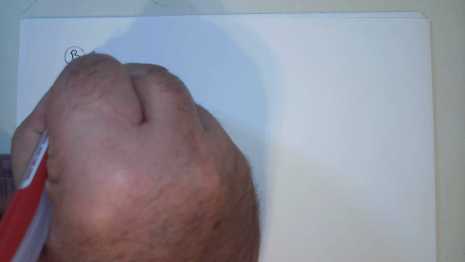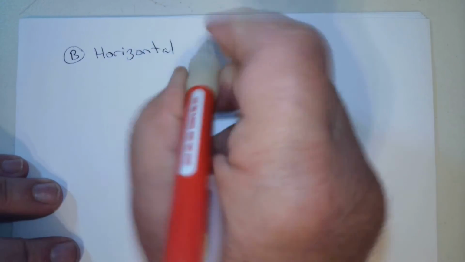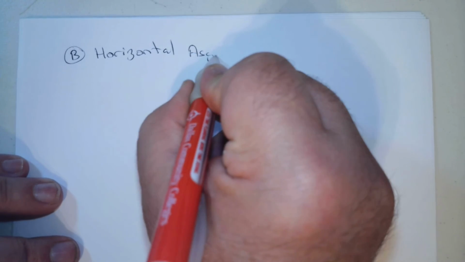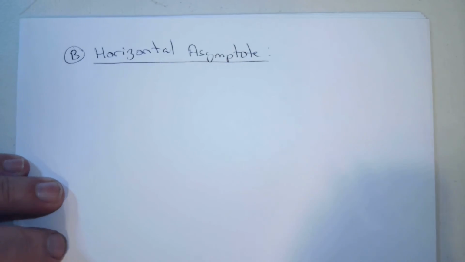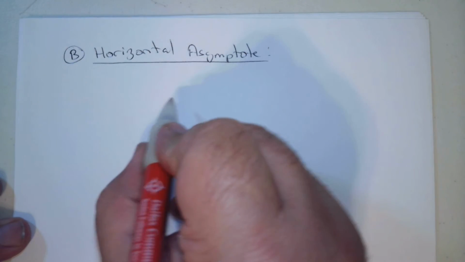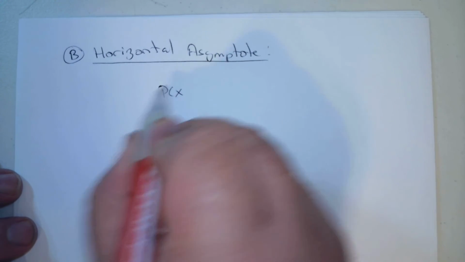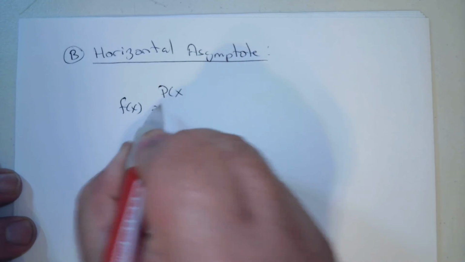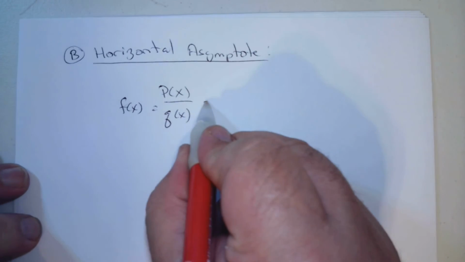Now the second type we're going to look at is a horizontal asymptote. So if we look at any rational function, we have f of x equals p of x over q of x.